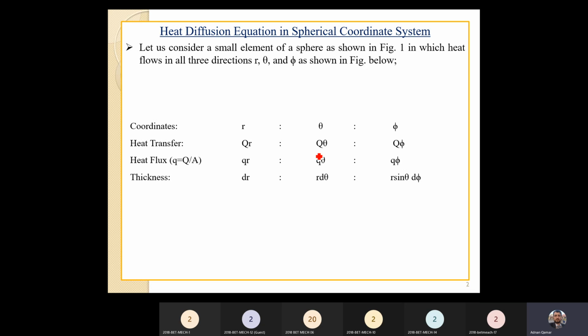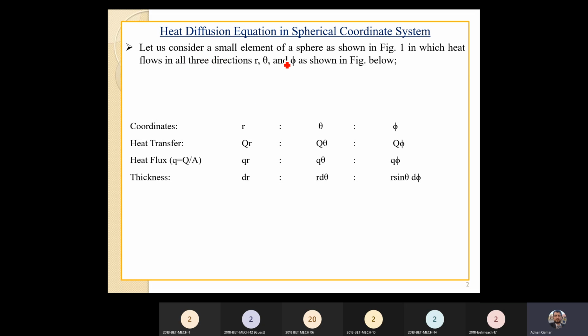In our previous two lectures, we had a detailed discussion about the Cartesian and cylindrical coordinate systems, and you are very much familiar with heat transfer and temperature distribution within them. In a similar manner, we will proceed for the heat diffusion equation in spherical coordinate system. So let's start from here.